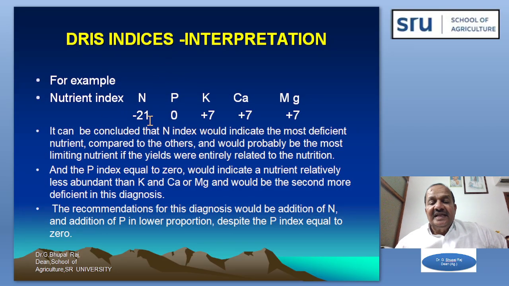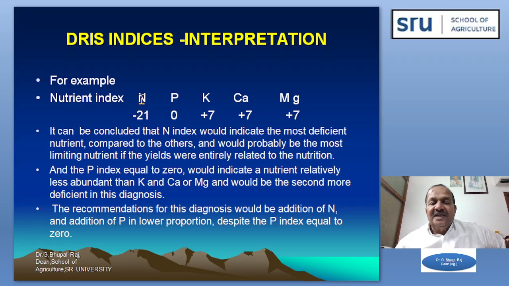For example, the finally arrived DRS index values are like this. We arrange from most negative to most positive. The most negative, -21, is nitrogen. Phosphorus 0, potash +7, calcium +7, magnesium +7. All these nutrients we should ignore, as they are in sufficient quantities.